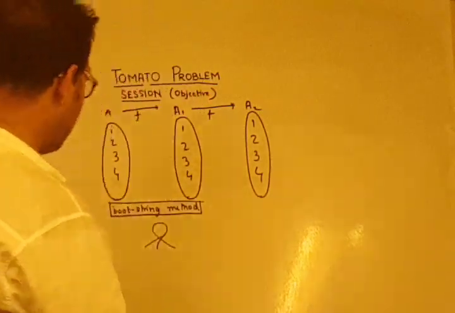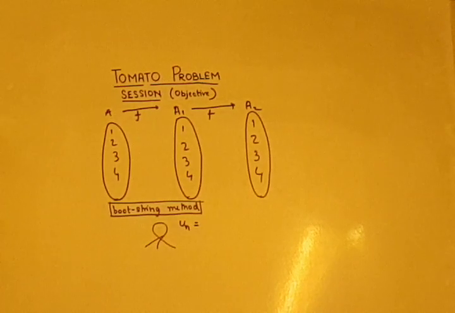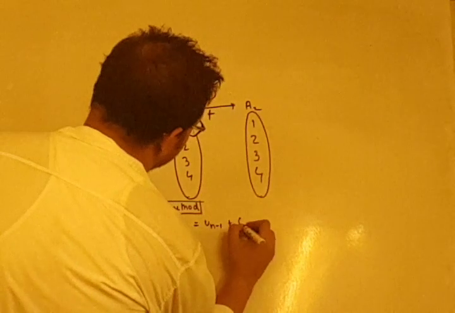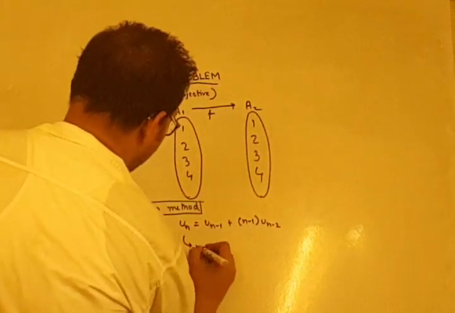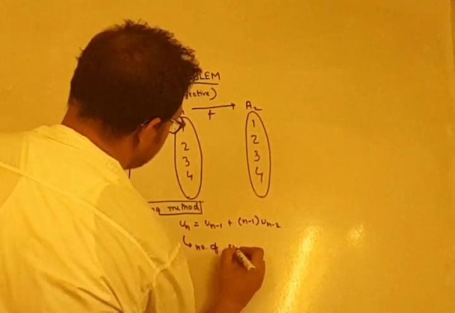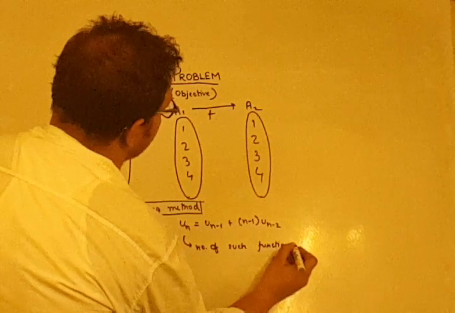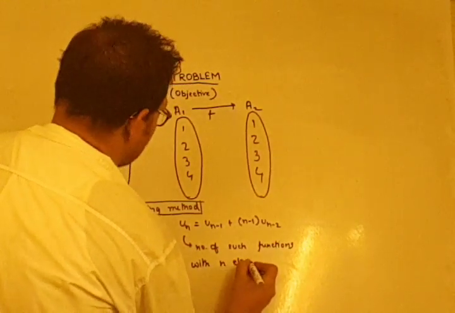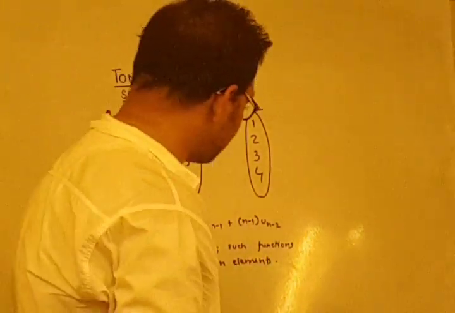So the number of such functions is U_n = U_{n-1} + (n-1) U_{n-2}, where U_n is the number of such functions with n elements.